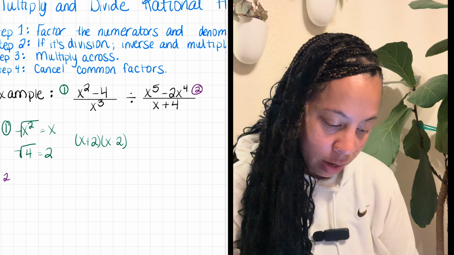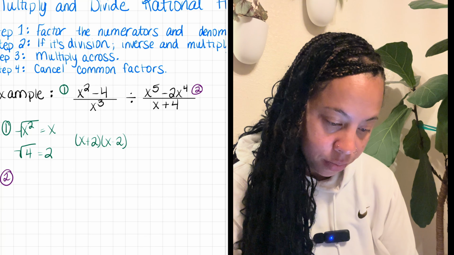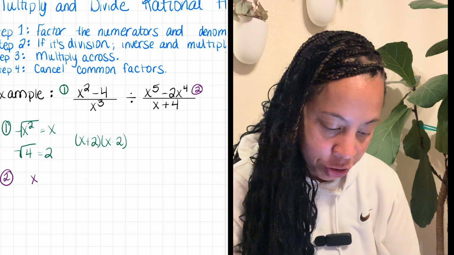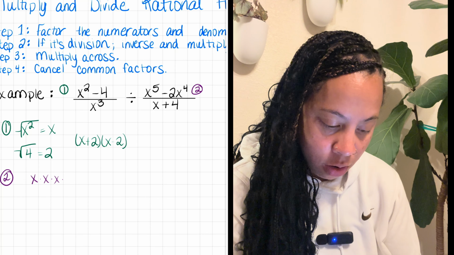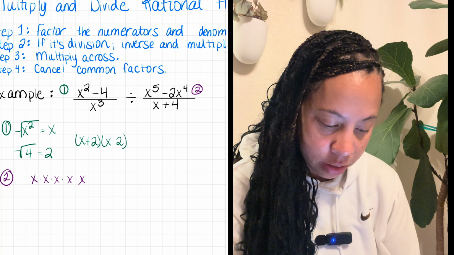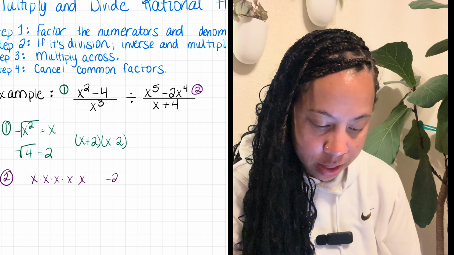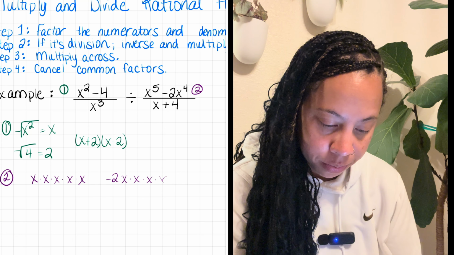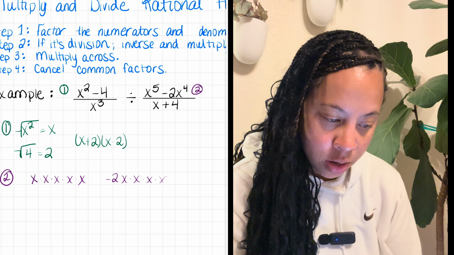Now on this second fraction here, I said we could do a GCF. So I'm going to rewrite each term with all the way broken down. So I have 5 x's, and then I have a negative 2 and 4 x's. Anything I can take out that's a pair between the two, I could divide.